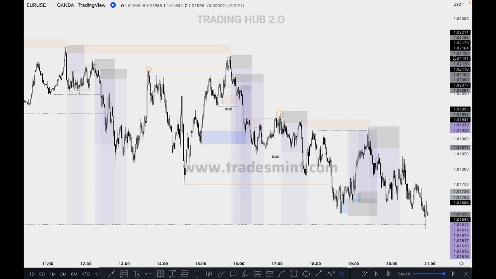In this case M15 is the major structure, M5 the minor structure, or you can say a medium structure, and M1 for the lower time frame entries. So basically these 3 time frames are enough for a day trader, and this will help you a lot to understand how we can stack multiple positions and how you can trade counter trend.